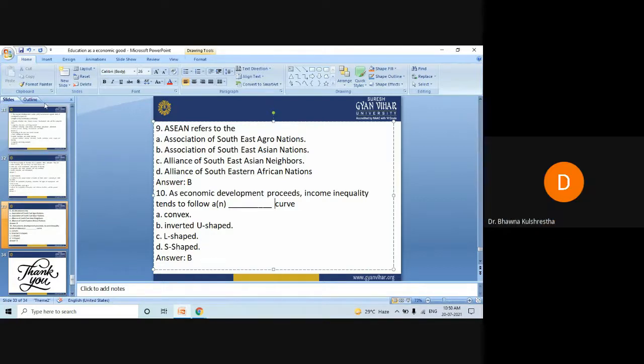What is the right answer of this question? The right answer is an inverted U shaped curve. B option is the right answer of this question.